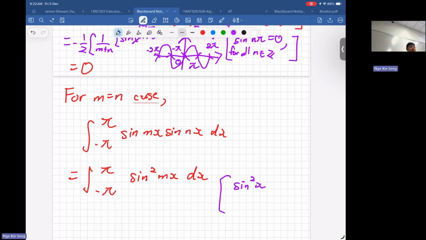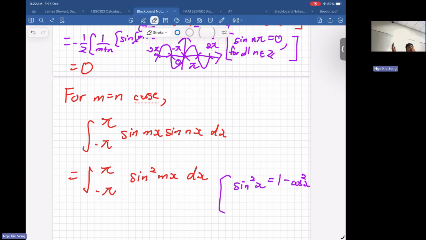What kind of substitution? Sine square x can be related to what? You mean cos square x? Just cos square x?